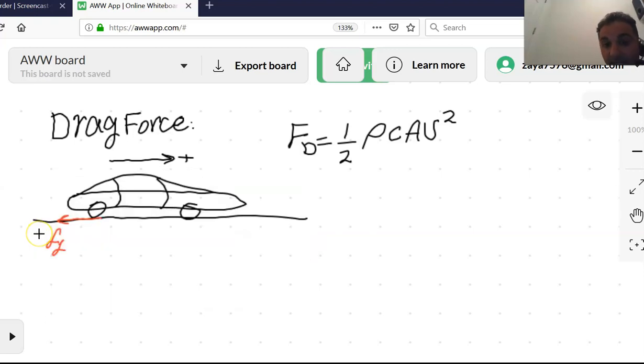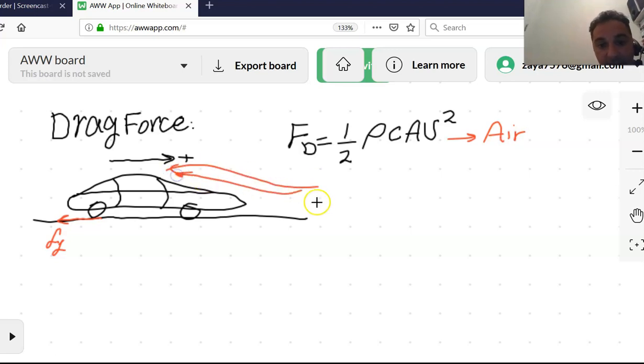At the same time, as the object goes through the air or through a fluid, like liquid, like the water, that makes a resistance force. So inside the air, we do have drag force, which is formed by air. Okay, so drag force is actually a force against your motion. This is called Ft.